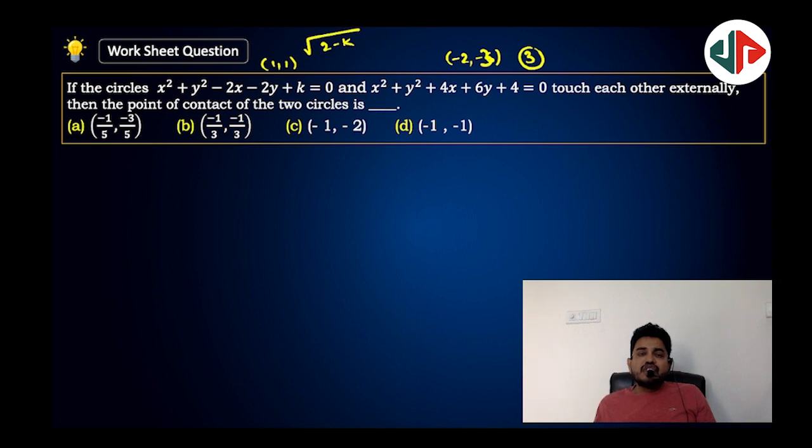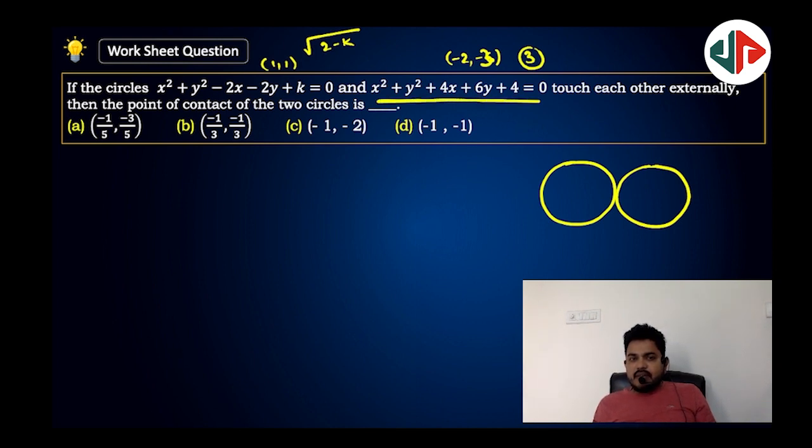These two touch each other externally, C1, C2. So the circles are going to be like this. So G square is equal to F. So it is touching the y axis. Now here I need to find this point.